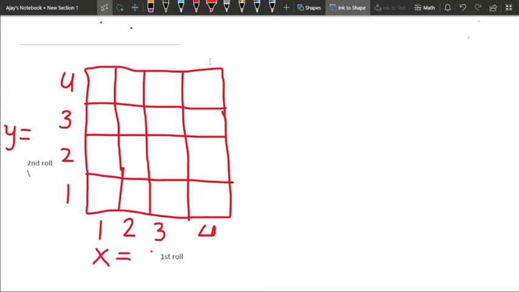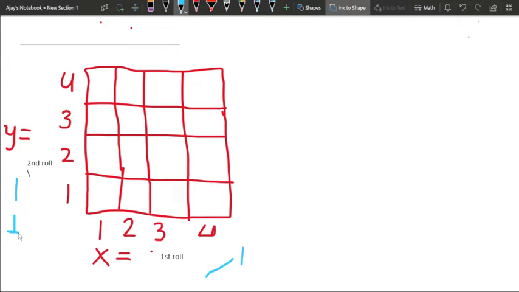For example, if the first roll is 1 and the second roll is also 1, then this particular outcome has occurred.